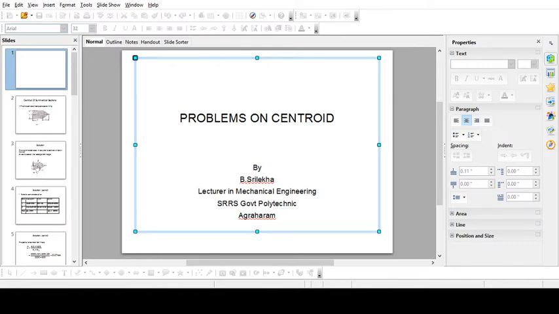Next problem. Determine the centroid of the I section. The I section is given where the flanges are not equal.